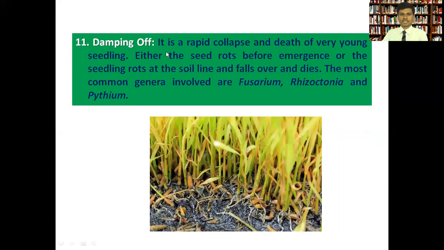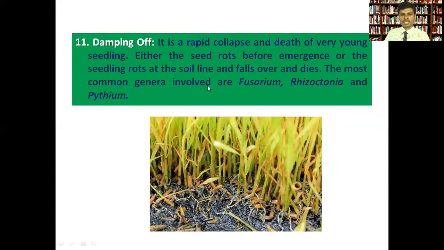Then damping off disease, another symptom. It is a rapid collapse and death of very young seedlings. Either the seed rots before emergence, or the seedling rots at the soil line and falls over and dies.